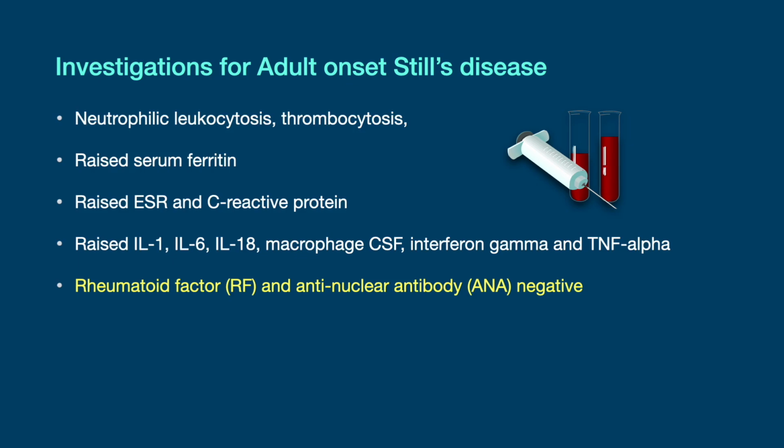You'd expect to see raised ESR and C-reactive protein. Interleukin 1, interleukin 6, and interleukin 18, macrophage colony stimulating factor, interferon gamma, and TNF-alpha are all usually elevated. Interestingly, the point that distinguishes this condition from SLE or rheumatoid arthritis is the negative rheumatoid factor and anti-nuclear antibody.